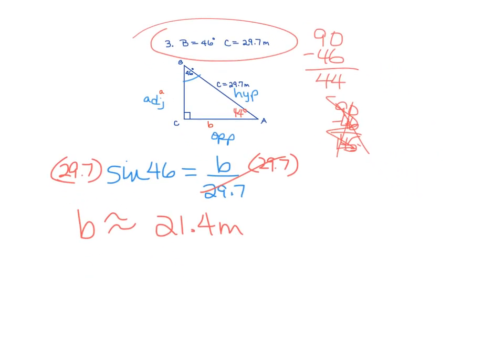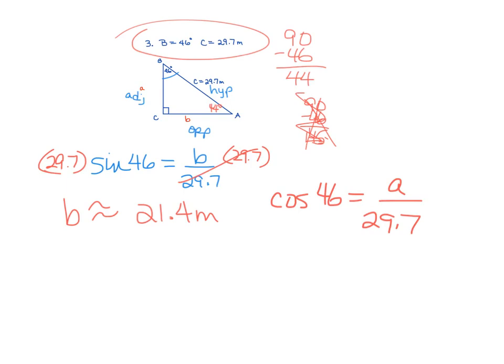All right, so now I also need to find what A is. Again, I'm using 46 and the hypotenuse. So this time I'm going to do cosine. Cosine 46 is equal to A over 29.7.